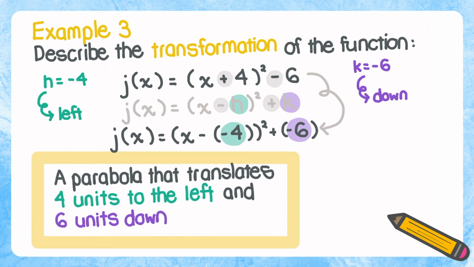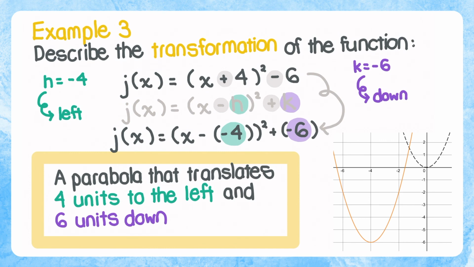We translate to the left because h is negative, and we translate down because k is negative. On Desmos, notice how we have moved 4 units to the left and then also 6 units downwards.